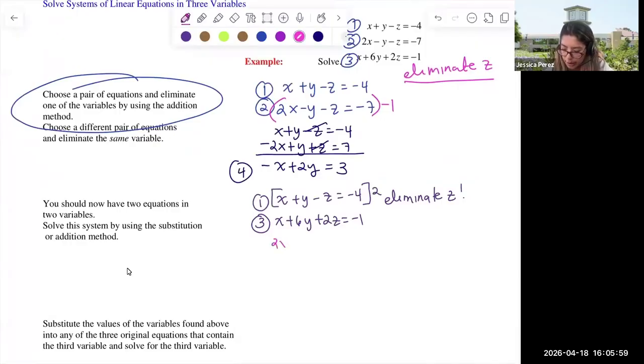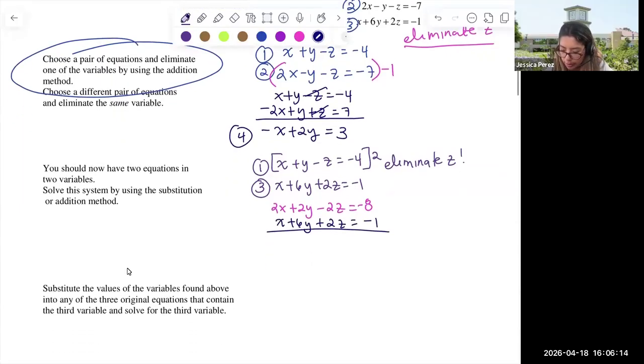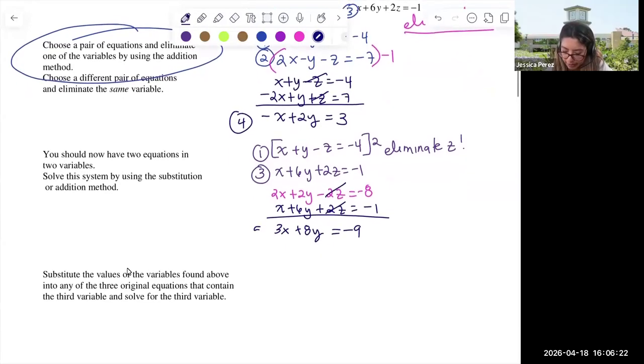So then I have 2x plus 2y minus 2z equal -8. And on the bottom, nothing changed, x plus 6y plus 2z equal -1. So here I get 3x plus 8y is equal to -9. And that will be my new equation 5.